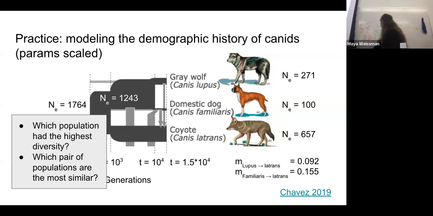And I will write down how to do that on the board, or I will actually find it in the manual. The manual is so easy to find stuff in. But calc FST, you can only do it pairwise, so you're going to have to do calc FST 3 times to get all of the permutations, just as a small note. But calc FST is very easy, and calc heterozygosity is all very easy.